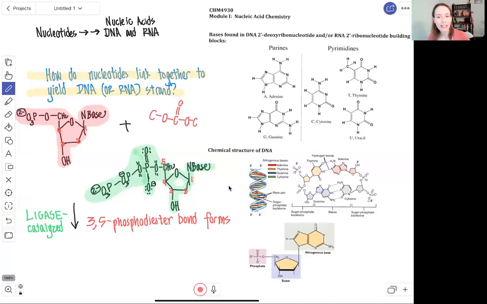We could think of this phosphodiester as being analogous, except that we have a phosphorus atom rather than a carbon atom. So in the case of a diester, we have a carbon atom here as part of a carbonyl. Here we have a phosphorus, hence phosphodiester.